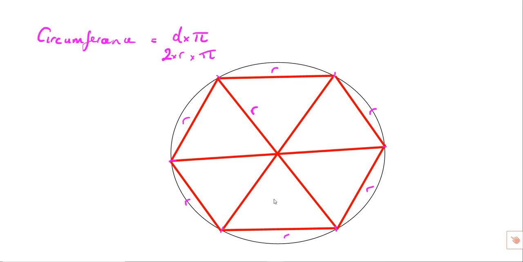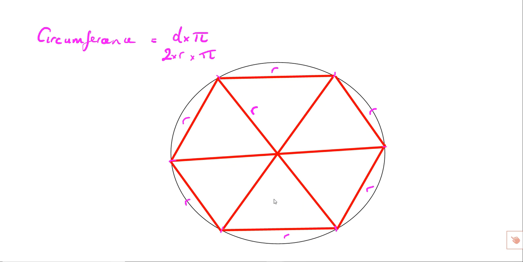Do you think yes? If Stefan says yes, then it's yes. I can explain. I think that they're all equal because those could be equilateral triangles.